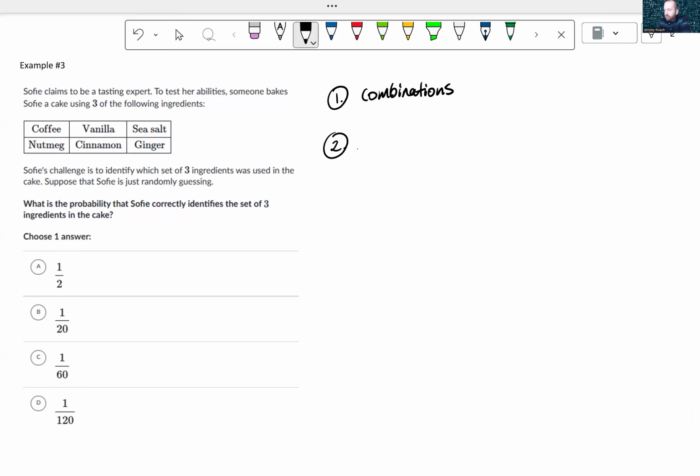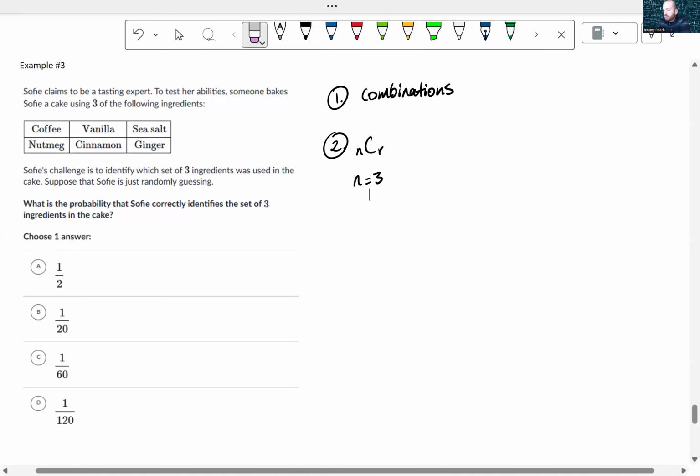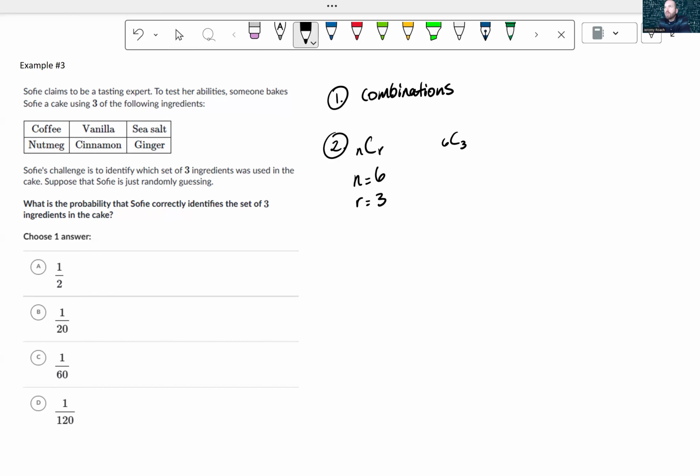So now we know we have an nCr problem to think about for our denominator, the total. We have six ingredients, so n is six, and r, we're choosing three. So this is six choose three, and that equals 20.